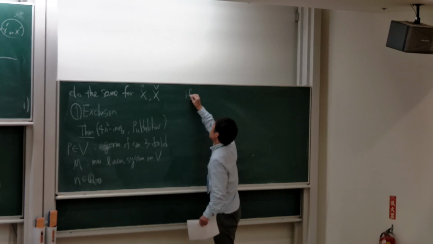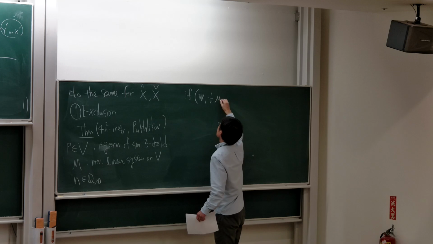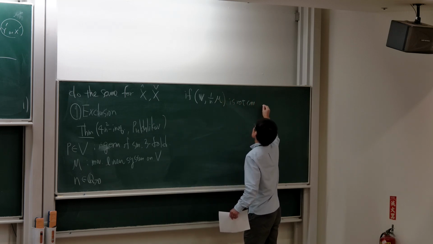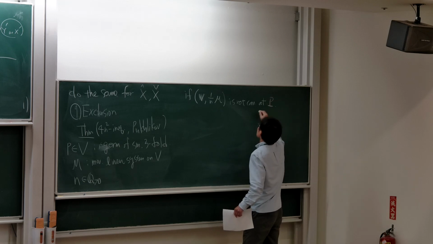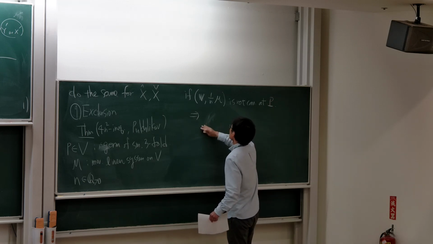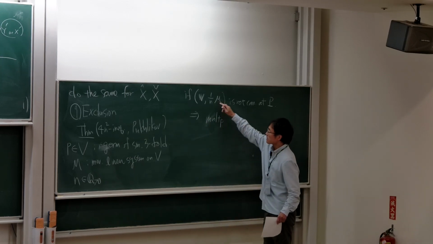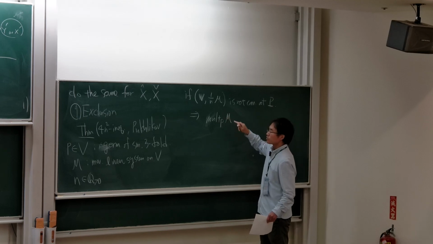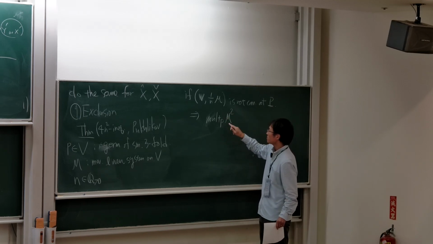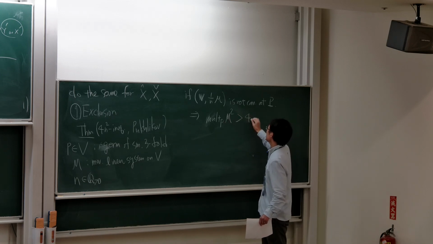And if this pair is not canonical at the point P, then the multiplicity of the self-intersection of two general members, this is a one-cycle on V, has high multiplicity at P.